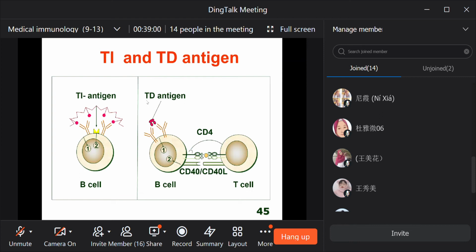But the Td antigen goes through a different and very complex process, and at last the T cell will help the B cell to produce the antibody. Please remember, most antigens belong to the Td antigen, and a small part belongs to the Ti antigen.